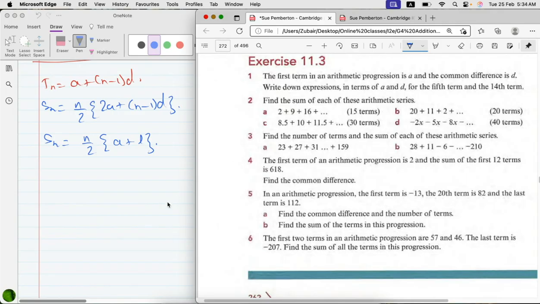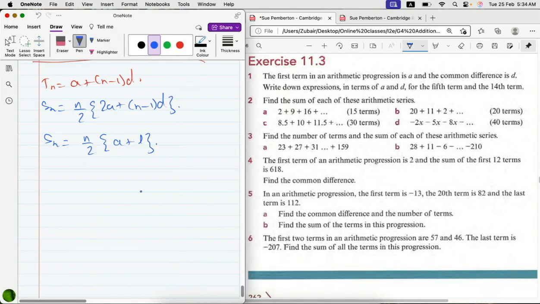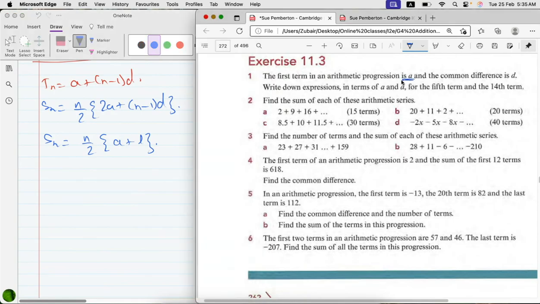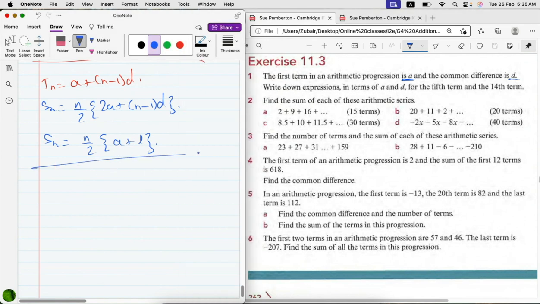Exercise 11.3, question 1. In an arithmetic progression, the first term is a and the common difference is d. Write down an expression in terms of a and d for the fifth term and 14th term.